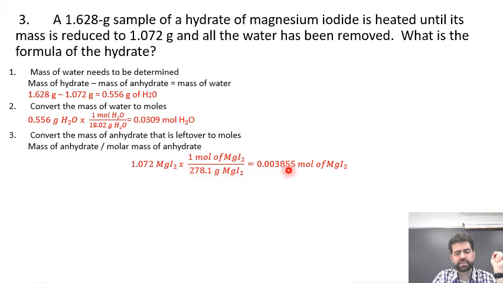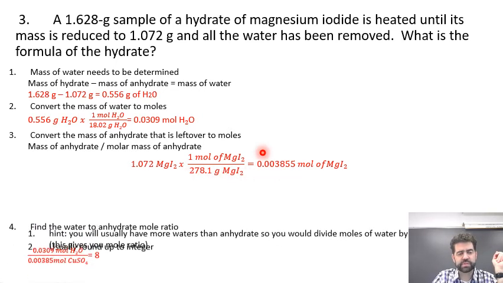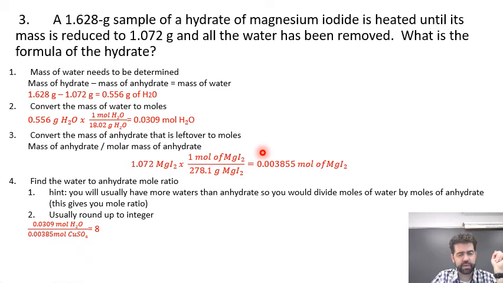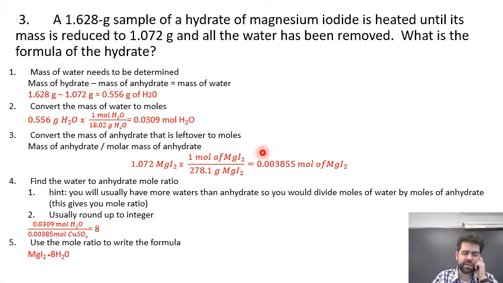And then we find a ratio: we take big number divided by small number, and that gives us an 8. So that's the number we know to put in front of water. MgI2 dot 8 H2O, octahydrate. So that's how you do those.